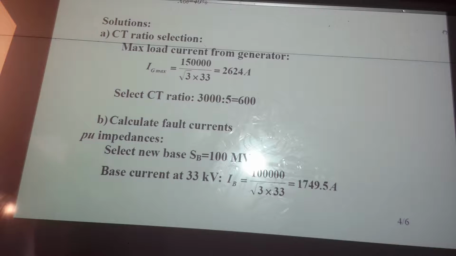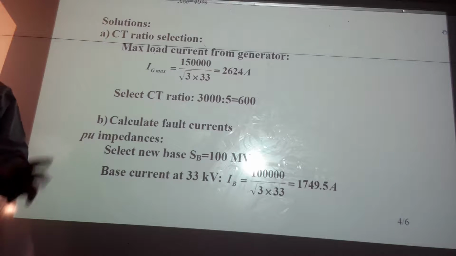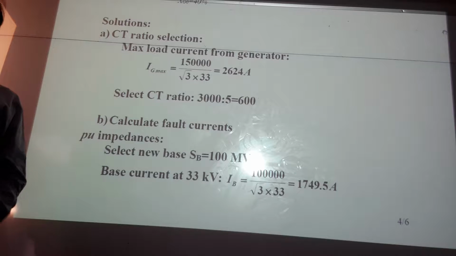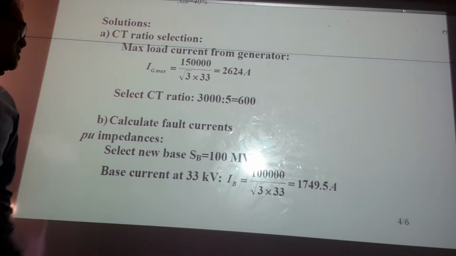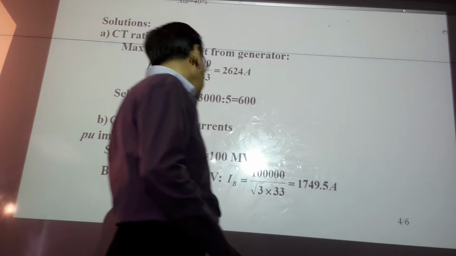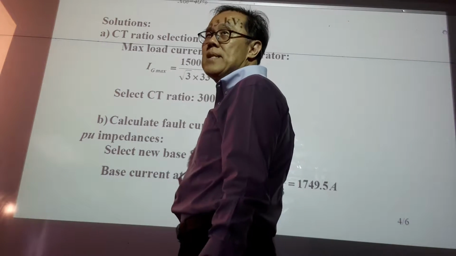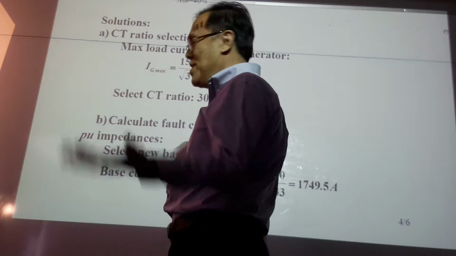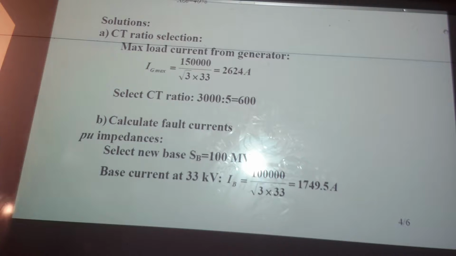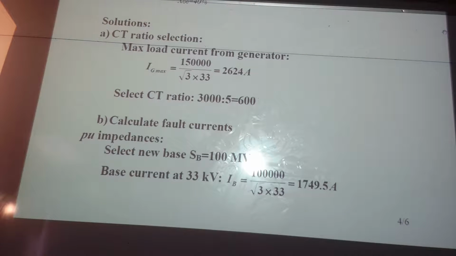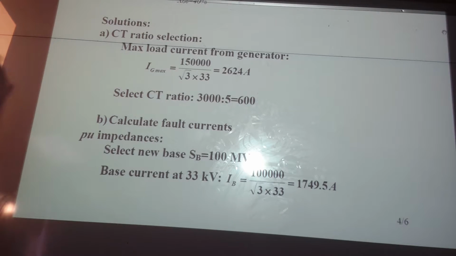If you have a case like tutorial 5 that we did, or tutorial 6, can't remember, there's one, I think 2000 or whatever, and the other one very small, something 100, then you will see a big change. In this case, it's not much. So here I've chosen to use 100. You can also go home and do 150, no issue. You will get the same thing, except that your intermediate values will not be the same. The final answer will still be the same. So he had chosen 100.